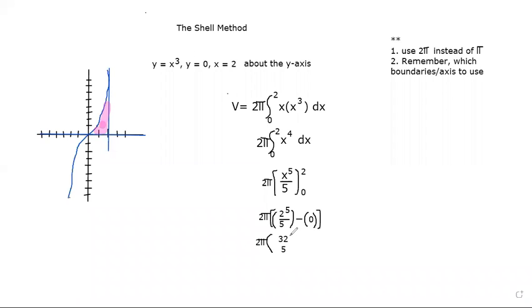But in the end, we have 2π times 32 over 5, which leaves us with 64π over 5.